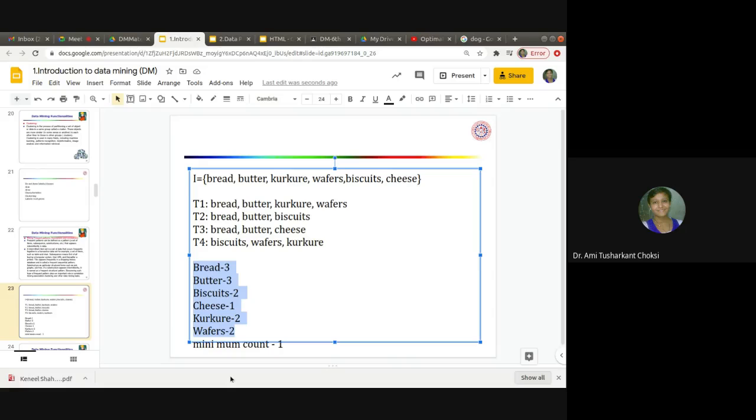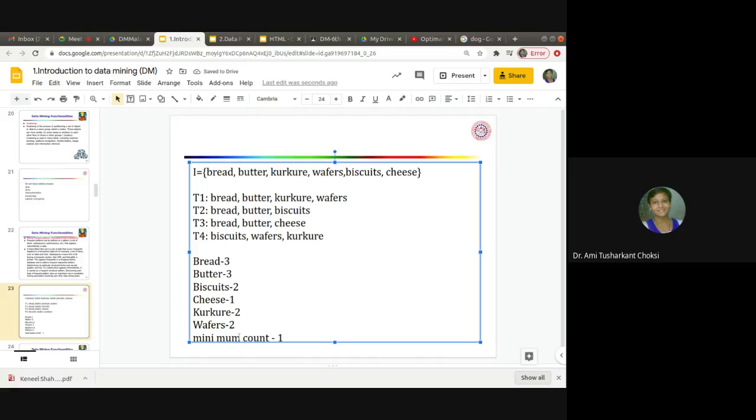I'm not talking of whether it is most frequent or less frequent. We are only talking of whether it is frequent or not. So if it is crossing the minimum threshold, that is the minimum count, we can say it is a frequent item, right?